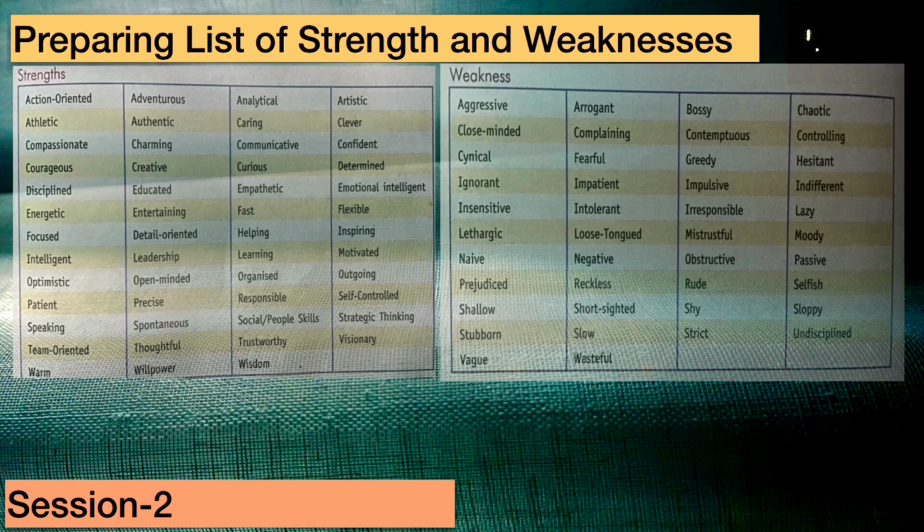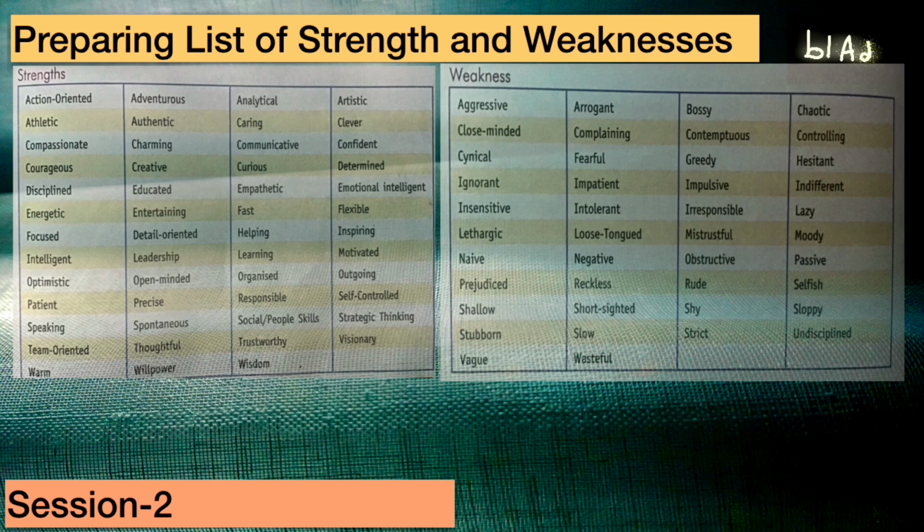You can see we can create this kind of list of our strengths and weaknesses. Clearly, you can see all the strengthened parts are listed in the strength listing, and the weakness parts are listed in the weakness listing. The strengths are like: I am very athletic, action oriented, very courageous, disciplined, energetic.